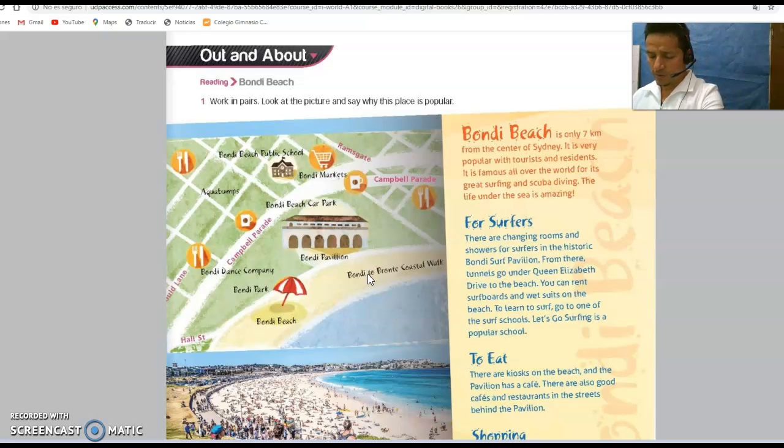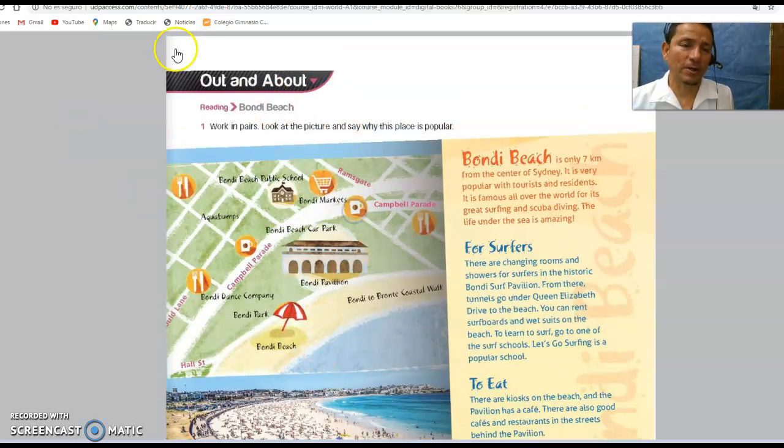And today it's August 3rd, so don't forget to write here August 3rd, 2020. Because remember, later you need to give me all the reading comprehension, so you need to take photos. Not now, later.